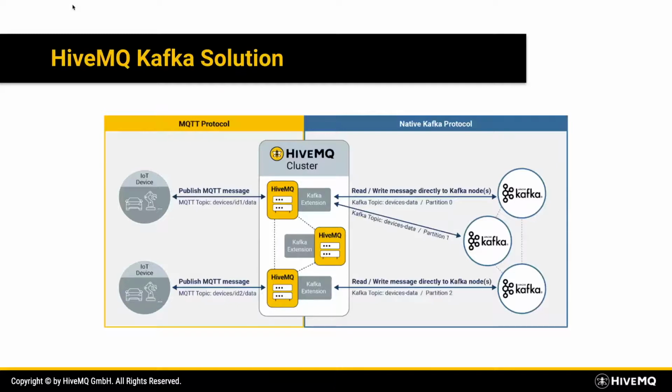So for example, like I mentioned before, if you wanted to take the user property of an MQTT publish and use that to set it as the header or another attribute of a Kafka record, you can very easily do so.